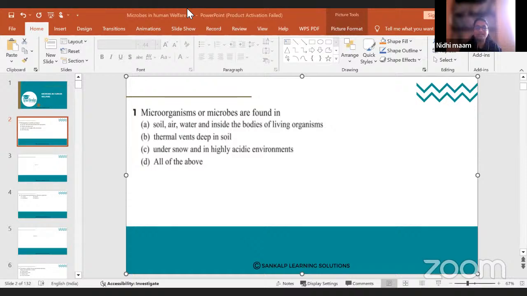B, thermal vents deep in the soil. C, under snow and in highly acidic environments. D, all of the above. So I'm waiting for your answers in the chat box.